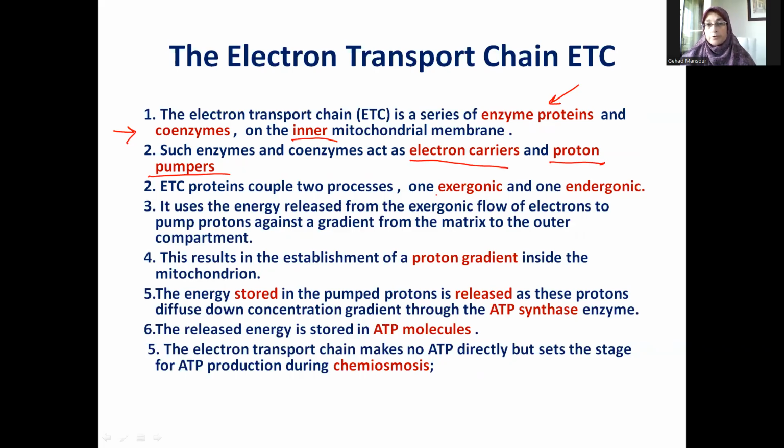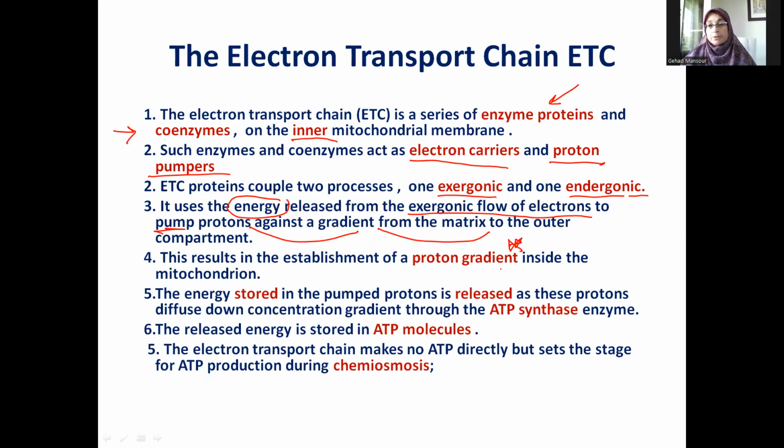It couples oxidation with reduction, or exergonic processes with endergonic processes. And the energy that is released from the exergonic flow of electrons is used to pump protons against concentration gradient, from where to where? From the matrix to the outer mitochondrial space.